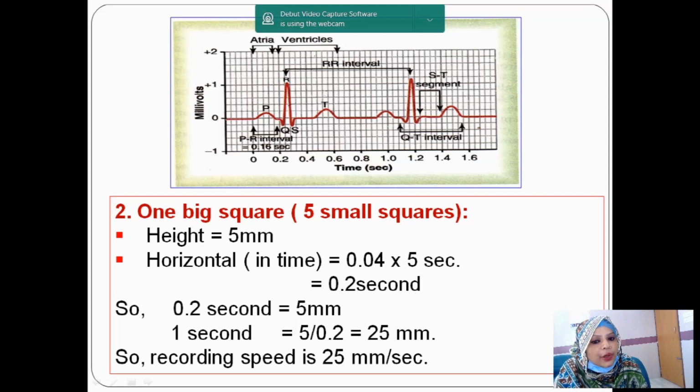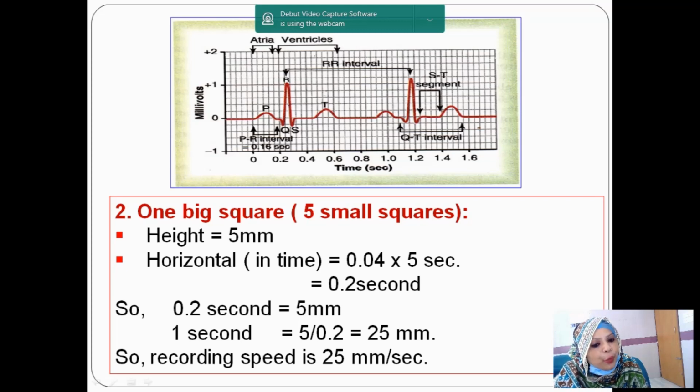This is a very important thing. How will you calculate this? For one small square, the height is 1 millimeter, and horizontally the time is 0.04 second. One big square constitutes 5 small squares, so the height is 5 millimeter. Horizontally, for 5 small squares, 0.04 into 5 is 0.2 second.